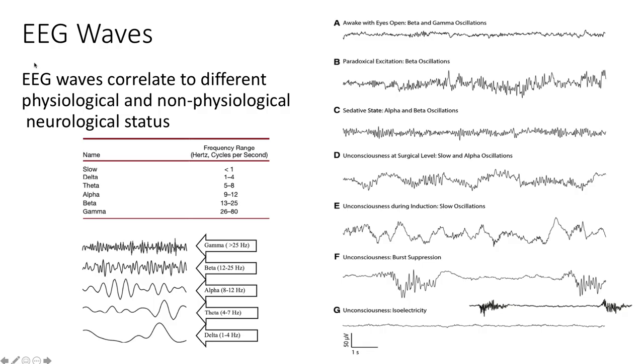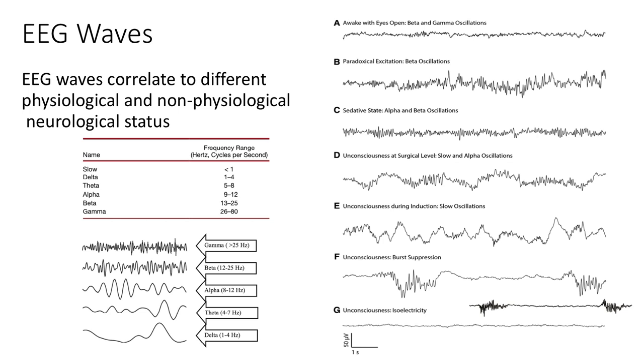So what EEG waves and patterns do we need to be aware of? Neuronal activity and its changes are expressed in EEG waves, and they correlate to different physiological and non-physiological neurological statuses.